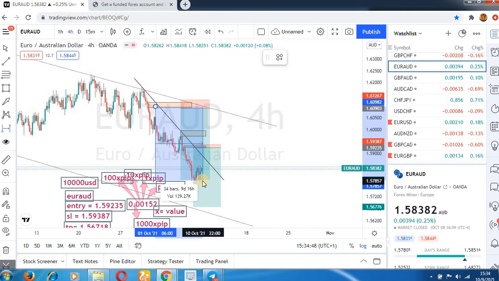What are you doing with 3%? Do you know what it means? If you're risking 1% of your account on a fresh account, it means you have 100 trials. 100 solid trials. Are you with me? You have 100 solid trials to make money from that account.